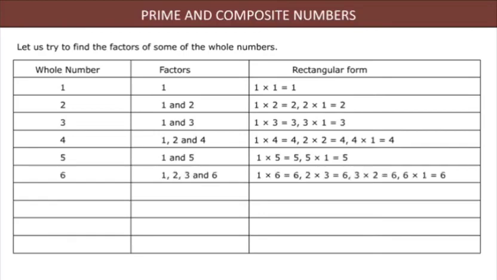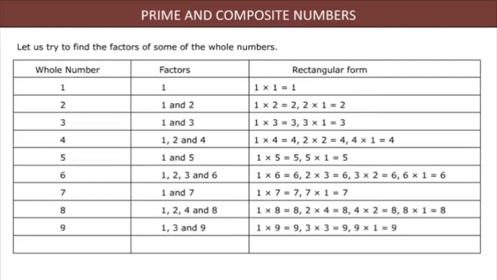Factors of 6, 1, 2, 3 and 6. Factors of 7 are 1 and 7. Factors of 8 are 1, 2, 4 and 8. Factors of 9 are 1, 3 and 9. Factors of 10 are 1, 2, 5 and 10.